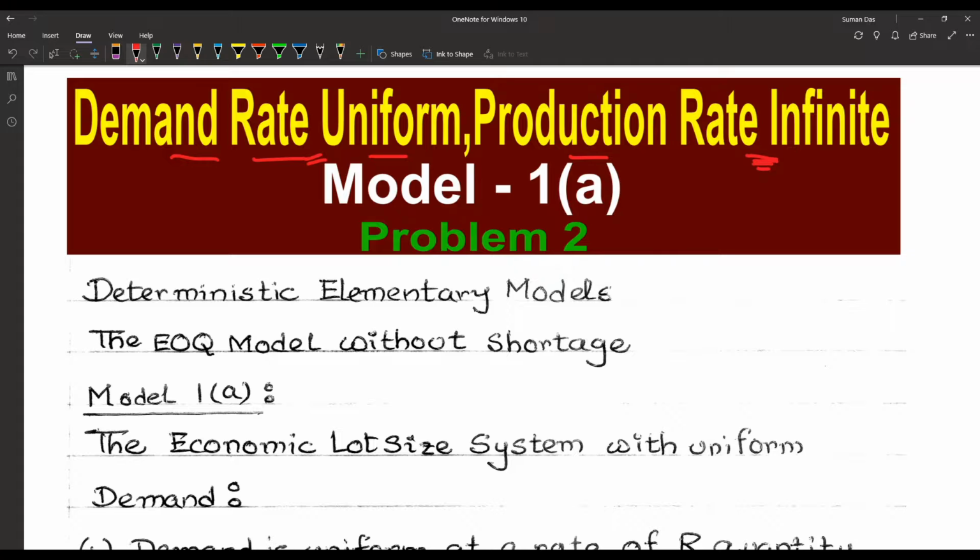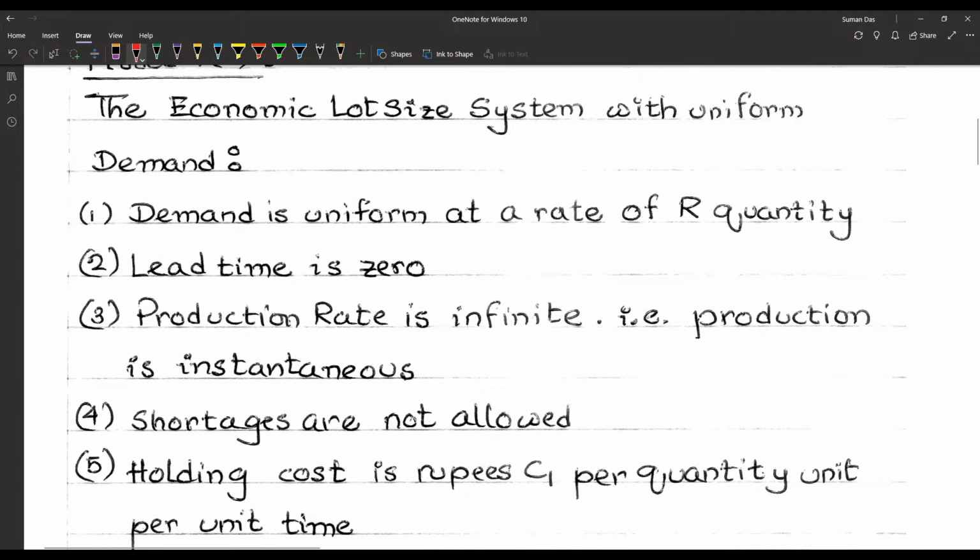As usual, model 1A says: the economic lot size system with uniform demand.